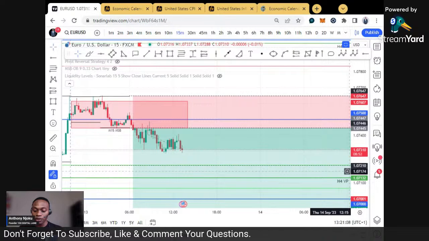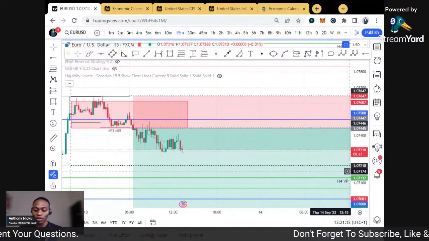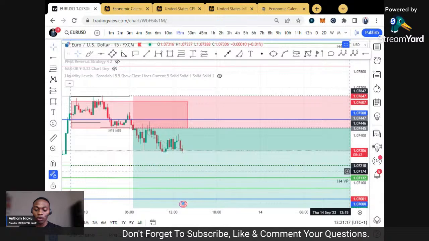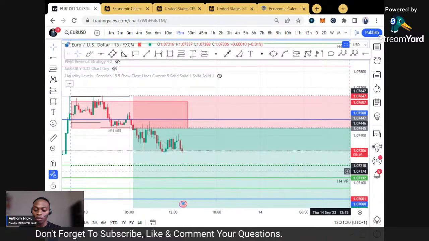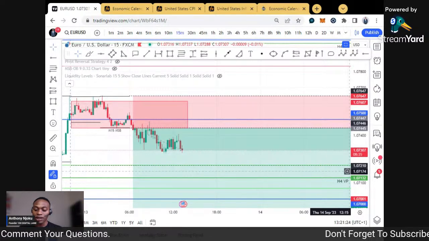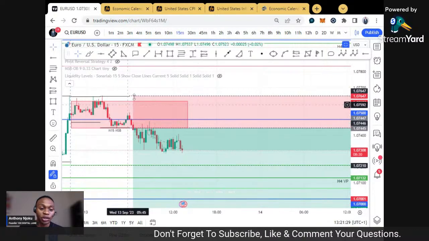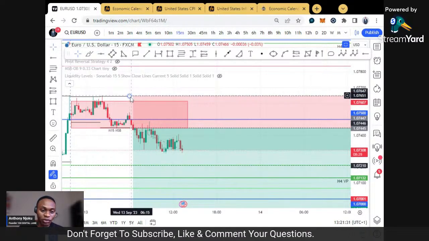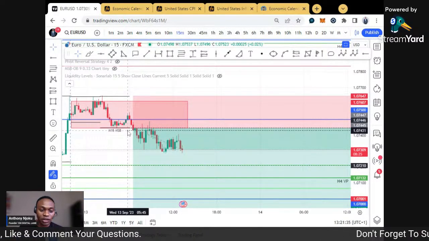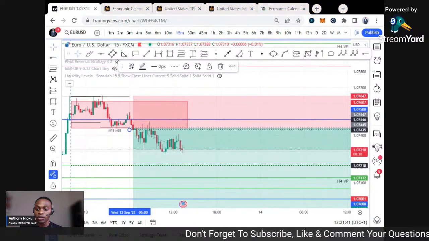We're breaking even because I have a little bullish bias for that trade. So in case the market goes against us, we can still hop in on the buys in case the market goes in the opposite direction. So I've broken even on this trade. This is where my stop loss is right now. So you guys should do the same thing.